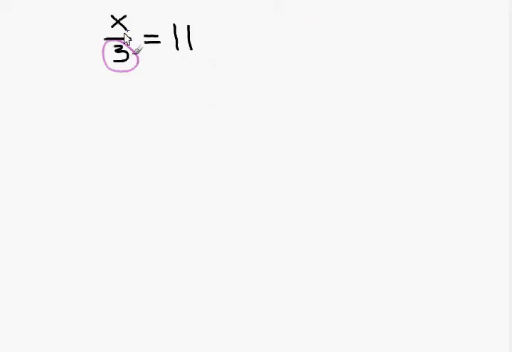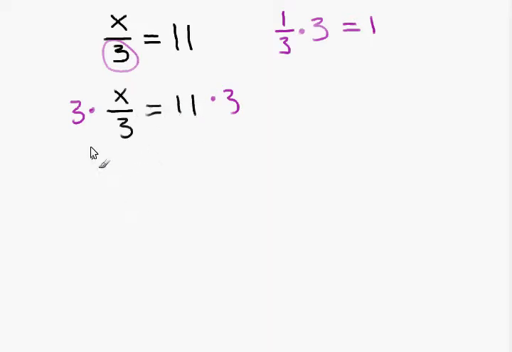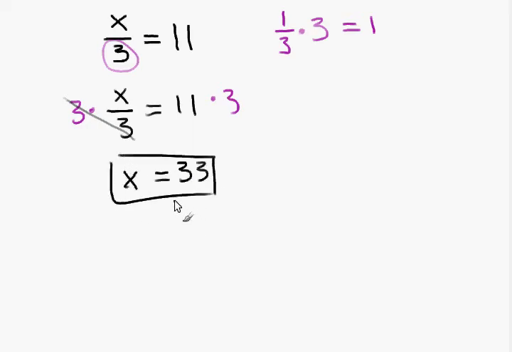So this whole thing, what's multiplying x is 1/3. We're dividing by 3. The inverse of that is to multiply by 3. So I'm going to take both sides of the equation and multiply by 3. Okay, now these are going to cancel out. The left-hand side will reduce to x. The right-hand side, 11 times 3, 33. We've got our solution.